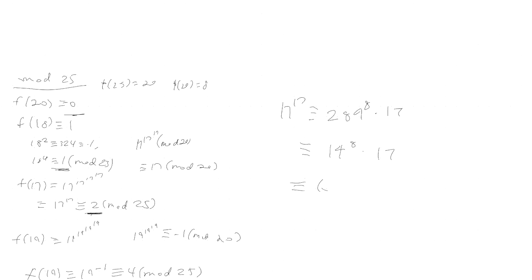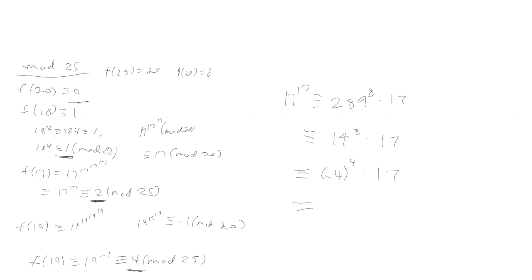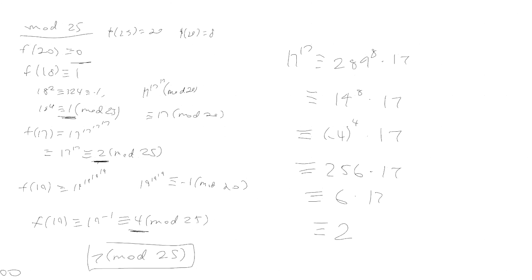So -4 to the 4th power times 17. And then this is just 256 times 17, which is 6 times 17, which is 2. Does this make more sense perhaps? Okay, I guess that makes more sense.